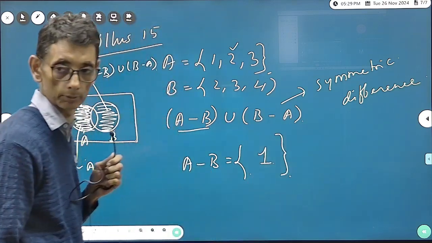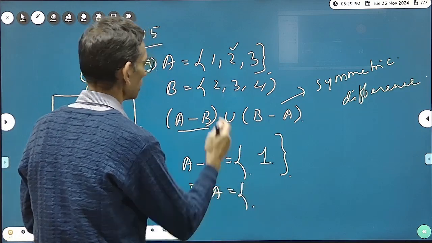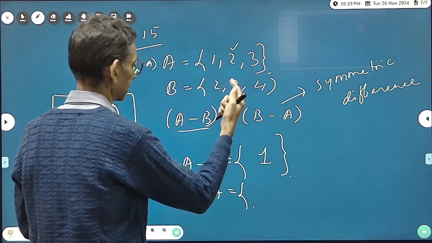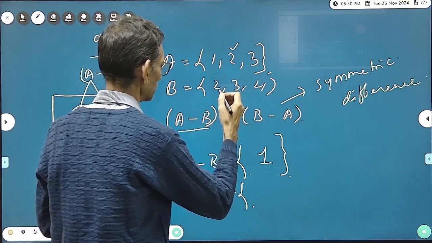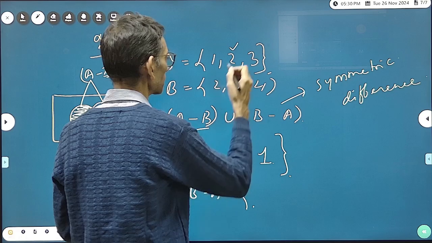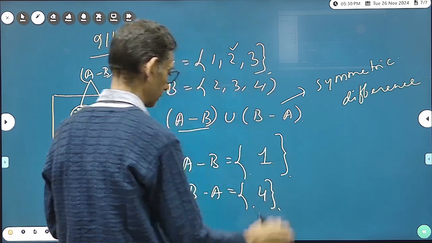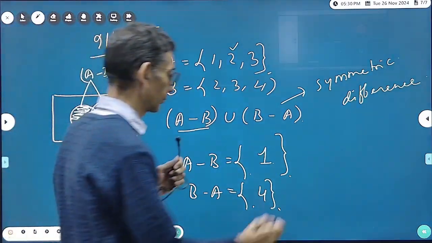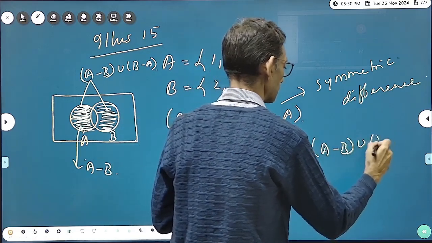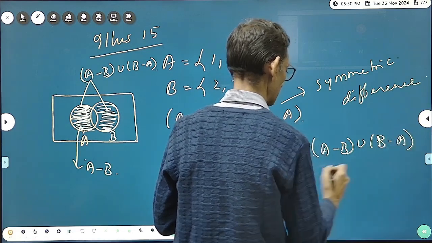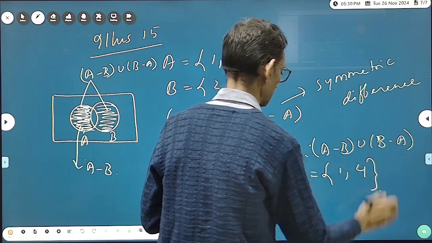Only 1 will remain. Then B minus A: you have to subtract A from B. 2 will not be there because 2 is there in A. 3 will not be there. 4 is there, so 4 will be there. Therefore A difference B union B difference A is 1, 4. Done?